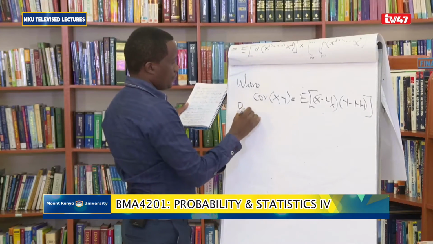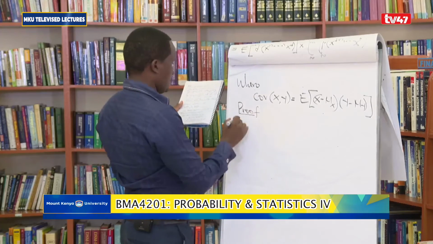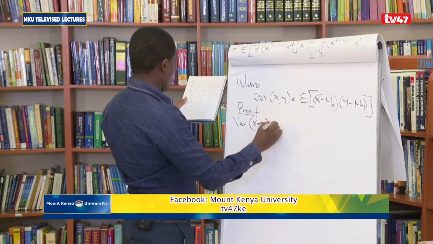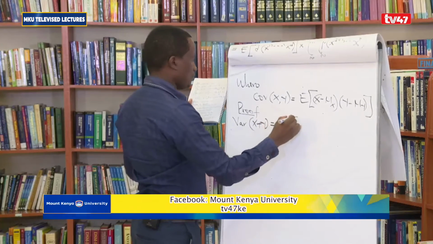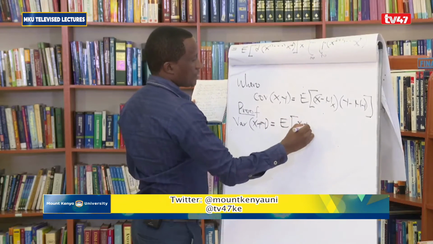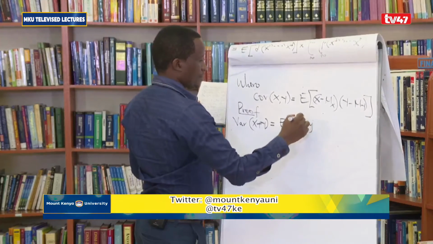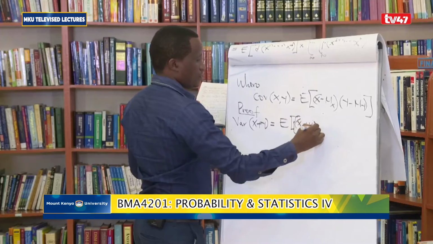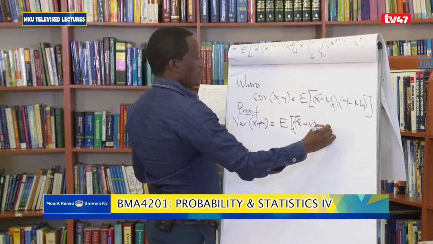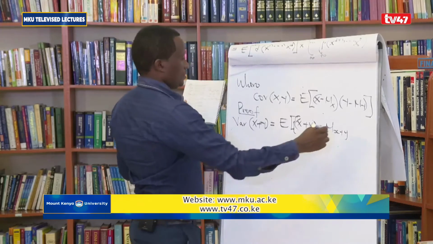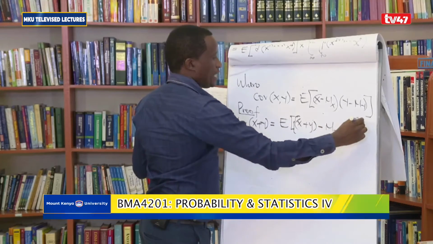we prove that property. Variance of x plus y implies the expected of x plus y, from the definition of variance, minus mu x plus y, whole of this squared.